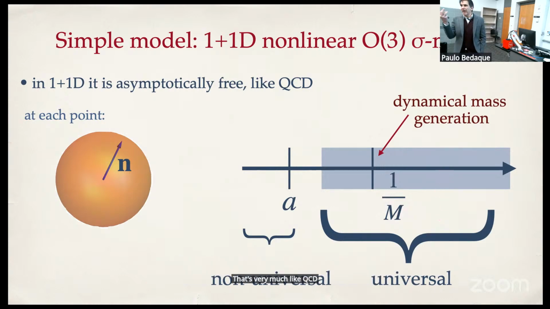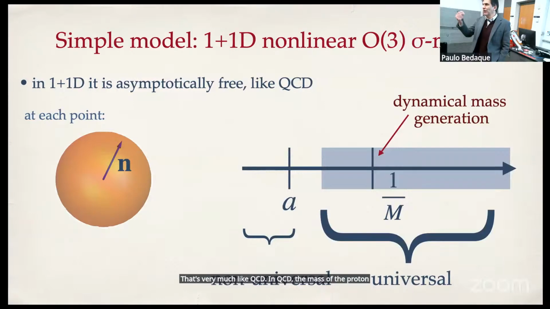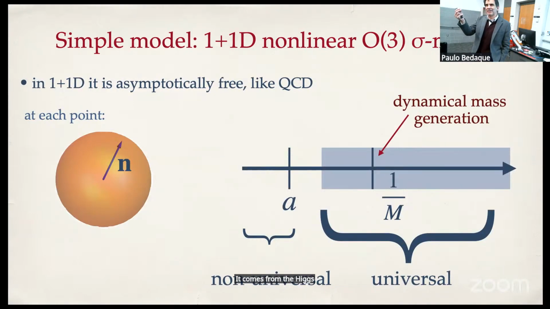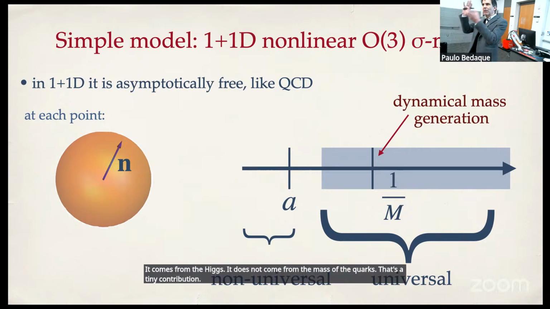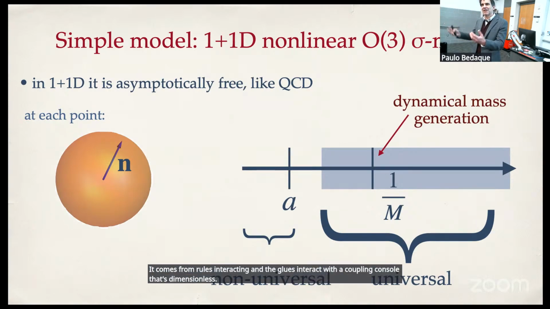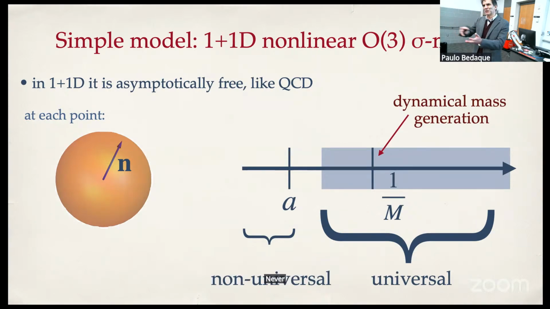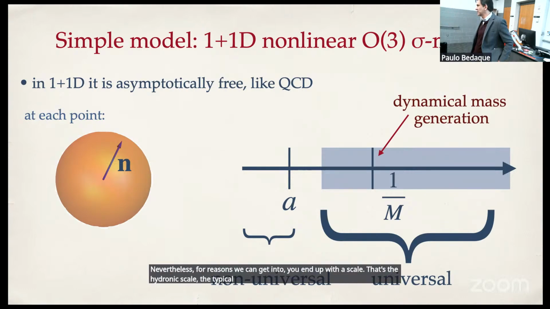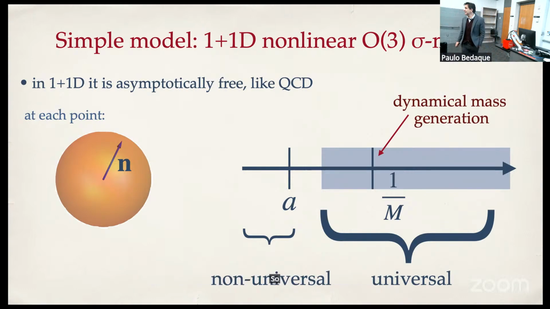In QCD, the mass of the proton is not like the mass of the electron that comes from the Higgs. It does not come from the mass of the quarks; that's a tiny contribution. It comes from gluons interacting, and the gluons interact with a coupling constant that's dimensionless. Nevertheless, for reasons we can get into, you end up with a scale. That's the hadronic scale, the typical size of protons, neutrons, et cetera. So this model has that.